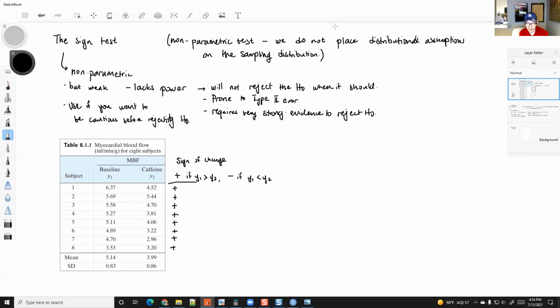When we look at the paired data, we go, oh, you know what? Does caffeine make a difference? For all 8 people, there was a positive difference. So we would just end up counting all of these things.